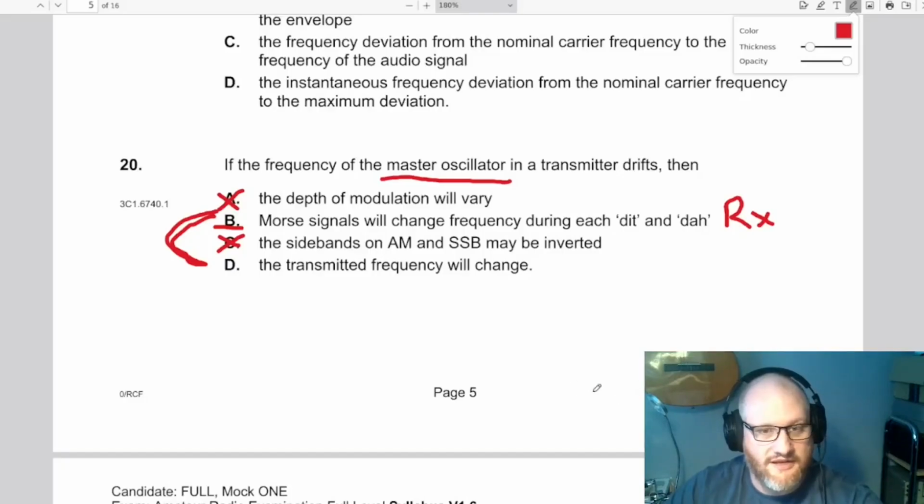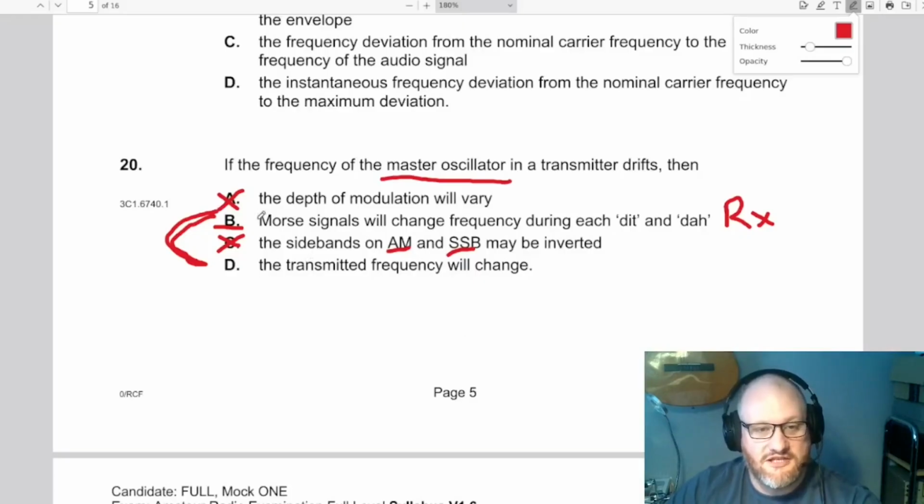If your master oscillator is drifting, it's changing where you're transmitting at, and for a receiver, if you're changing where you're transmitting, your DITs and DARs are going to change in frequency. However, this bottom answer, D, is saying that the transmitted frequency will change, and that's not just limited to CW. That could also be for AM, for SSB, for FM, for D-STAR, or whatever else you were doing on that transmitter.